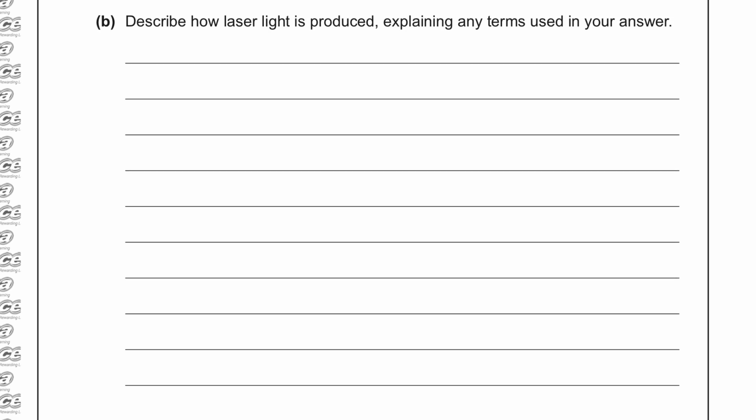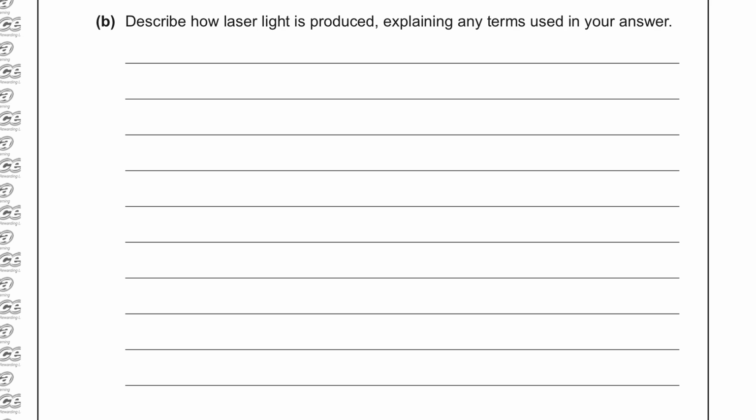So you've got energy from an external source going into electrons in the active material of the laser. Those electrons move to higher energy levels. They eventually fall back down and get built up in a metastable state, explaining that a metastable state is a state with a longer lifetime.